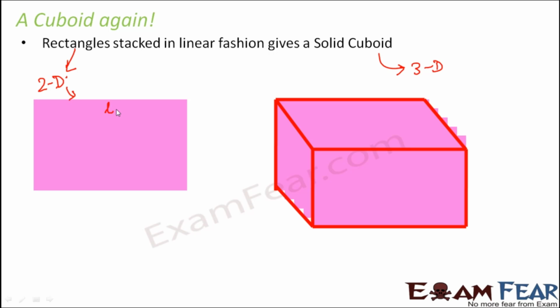Because here you only had length and breadth, so it was a two-dimensional figure. But since you kept stacking one after another, you got this third dimension. Length was already there, and is still there. Breadth was already there, and is still there. But the height has come additional. This is the third dimension which we have added by stacking the rectangles one above another.